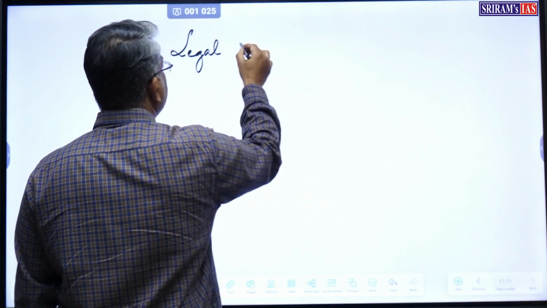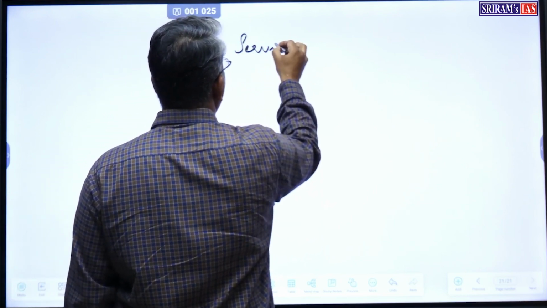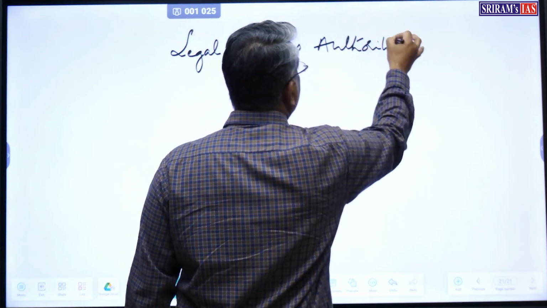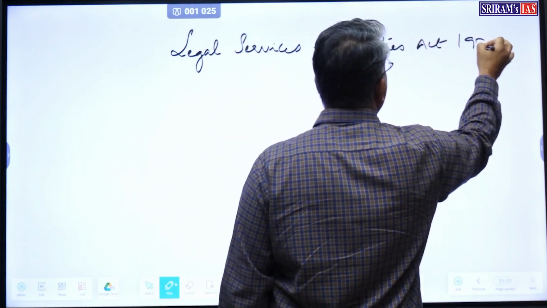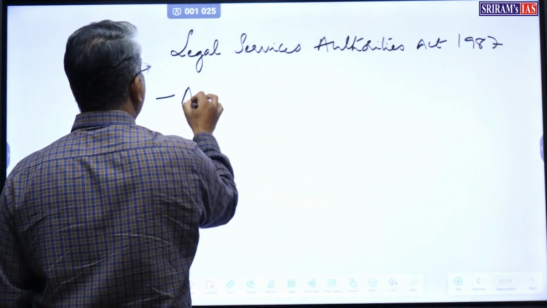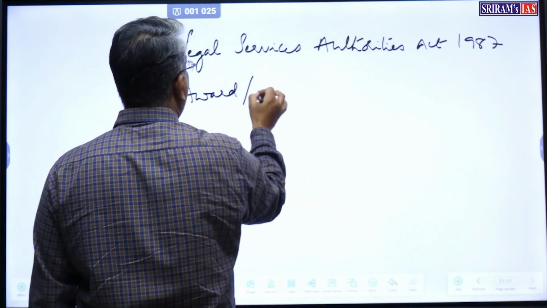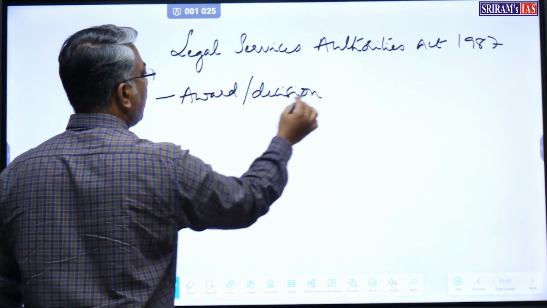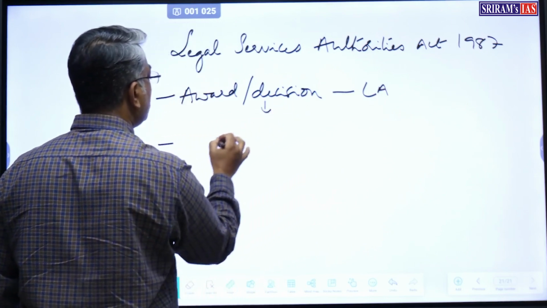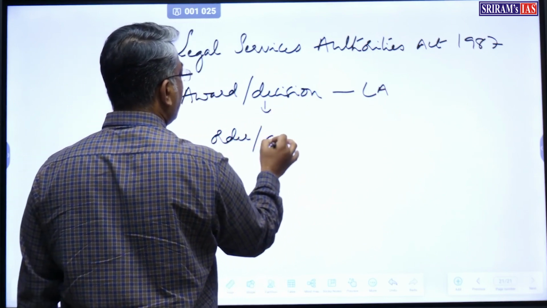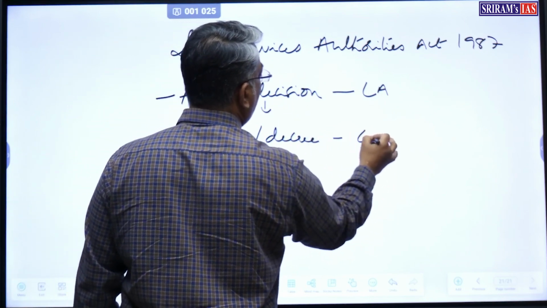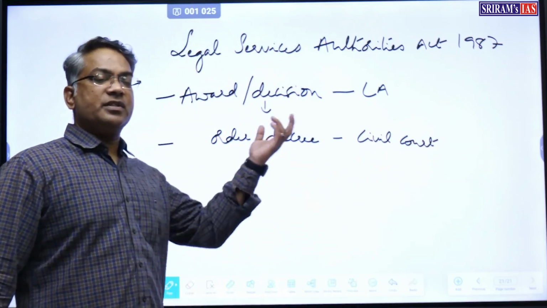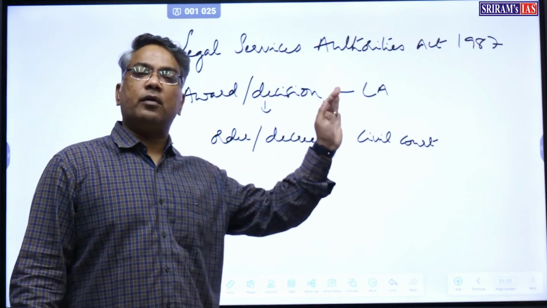Under the said act, that is the Legal Services Authorities Act 1987, the award or decision of the Lok Adalat is deemed to be an order or decree of a civil court, and is final and binding on all the parties.